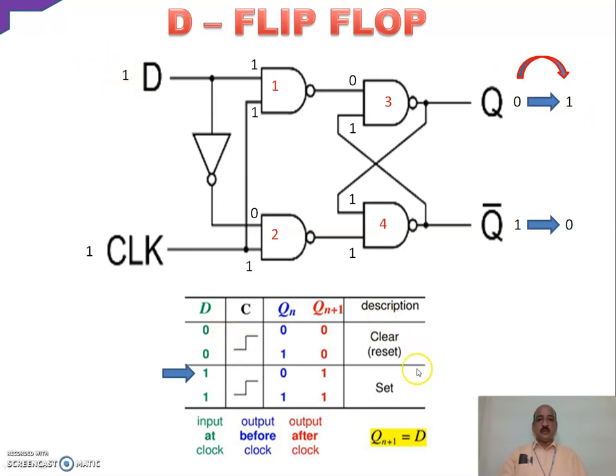So here the truth table is given. We have seen the case when D is equal to 1, clock is 1, the output which was 0 will be converted to 1. If it is 1, that will remain as it is. That is, ultimately the output is equal to 1 if D is equal to 1. That is, Q of n plus 1 is nothing but D. Here it is written as Q of n plus 1 is equal to D.